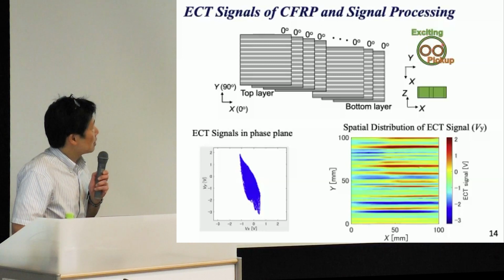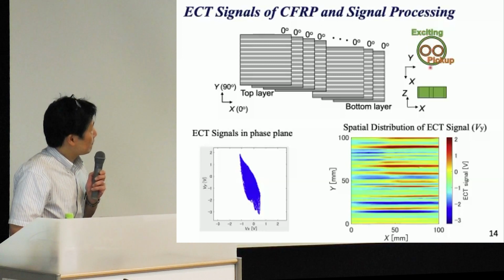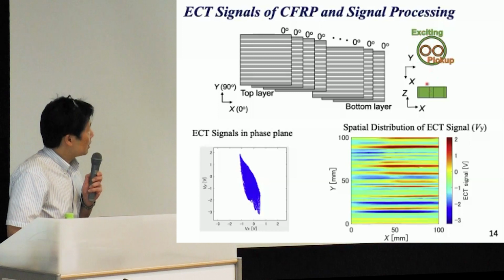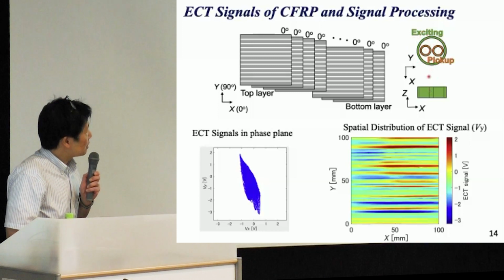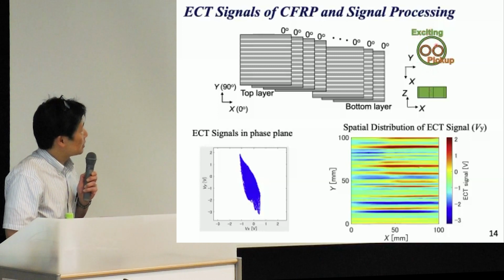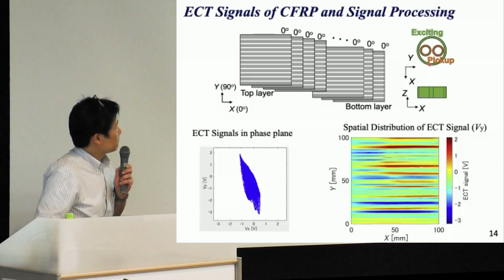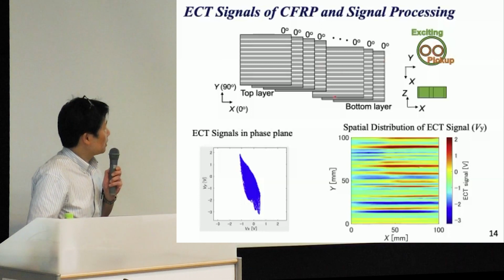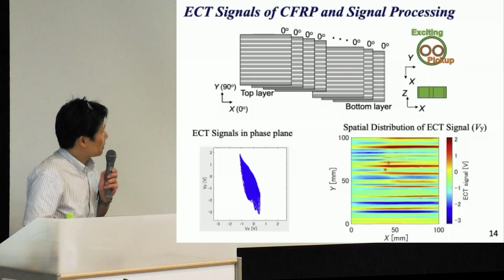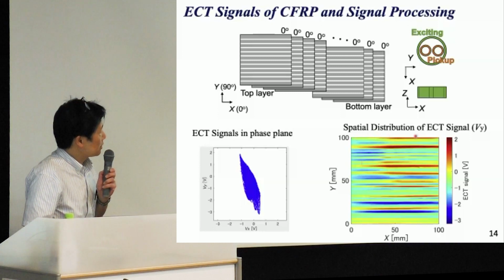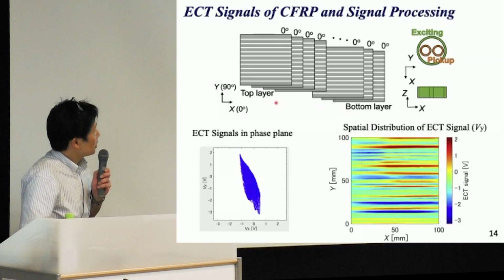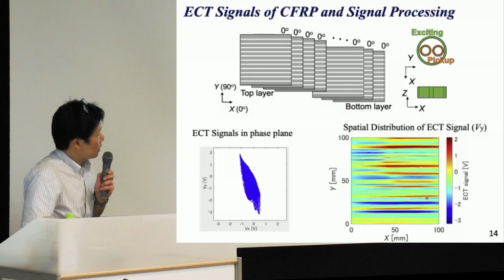For this alignment, this fiber orientation is sensitive for this sensor. After scanning this specimen, we can get the spatial distribution of the eddy current signal for UD ply CFRP.